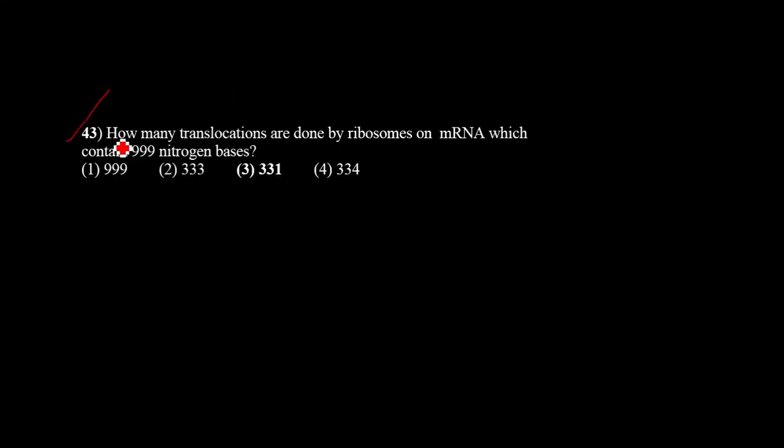Next, question number 43. How many translocations are done by the ribosome on an mRNA which contains 999 nitrogen bases? See, the ribosome will translocate for every codon. The mRNA contains 999 nucleotides.